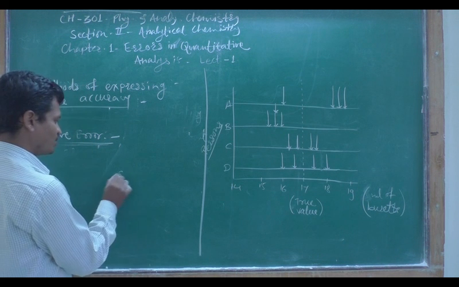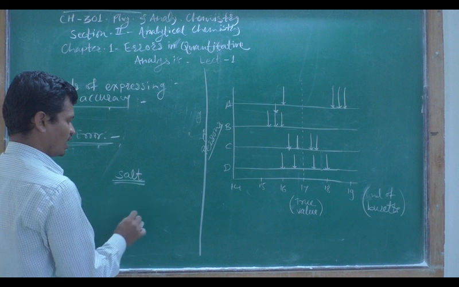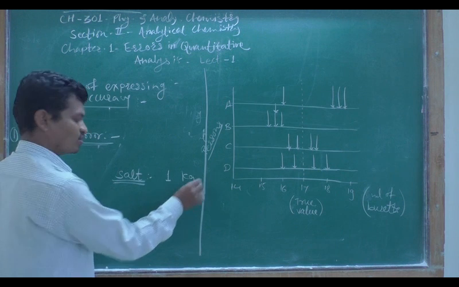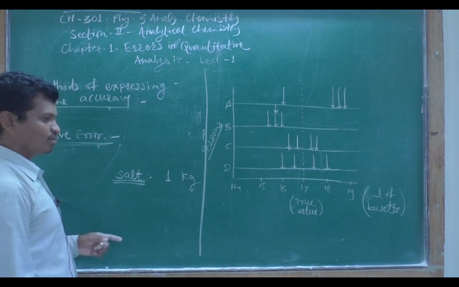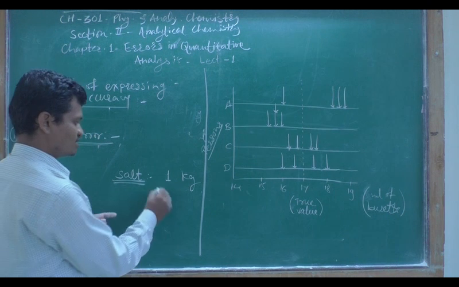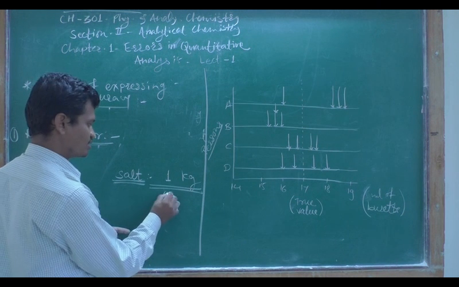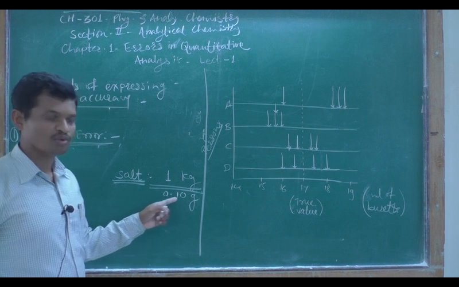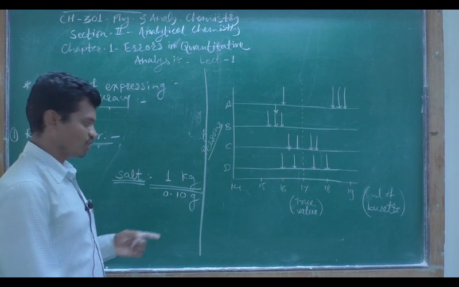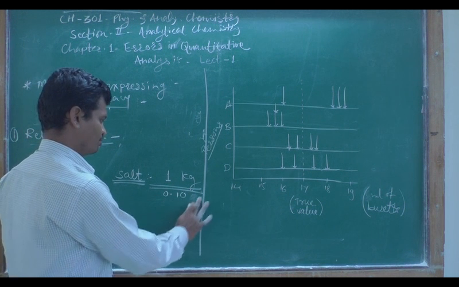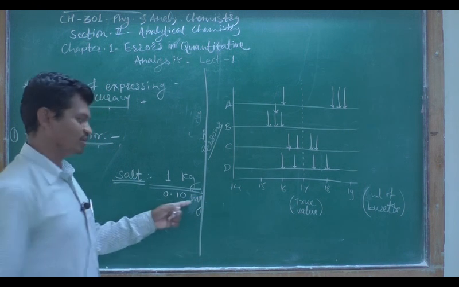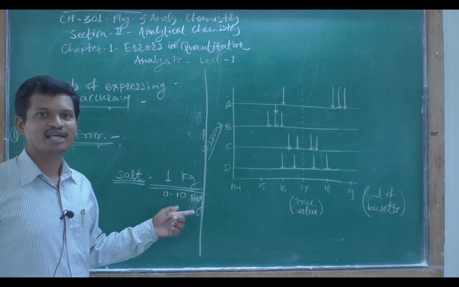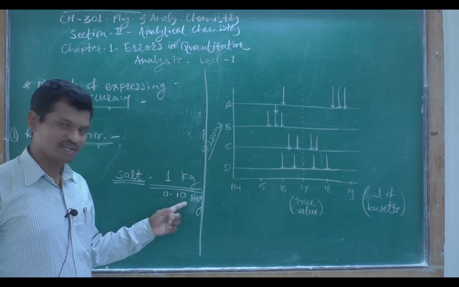For example, we have to take a starting material, salt, and we have to take 1 kg of salt, but the absolute error for this measurement is 0.10 milligram, let us say. So as compared to 1 kg, this 0.10 milligram is a very small figure.